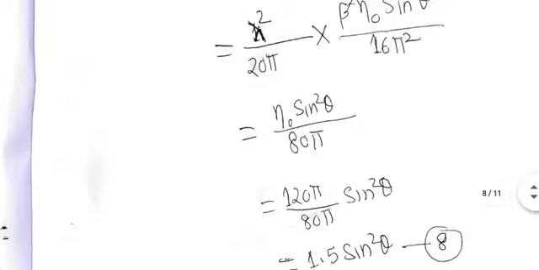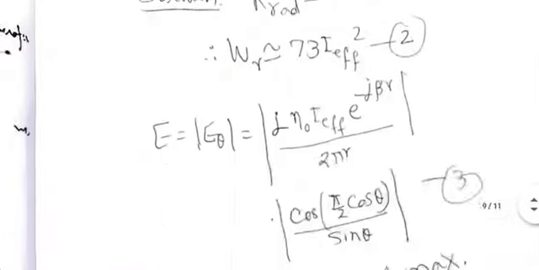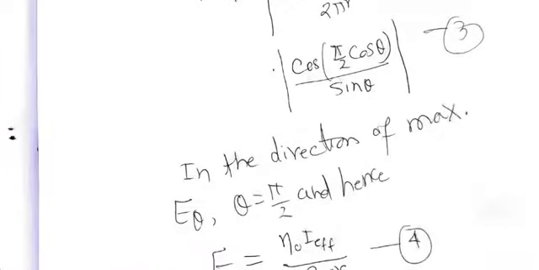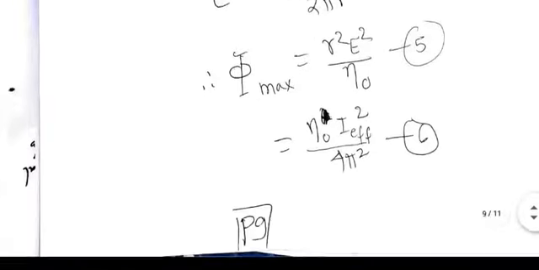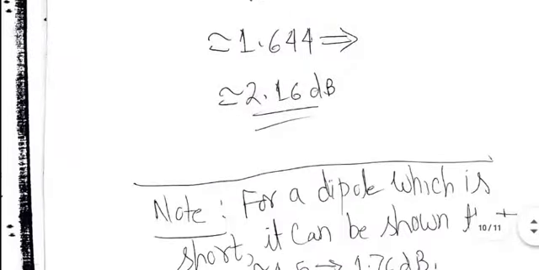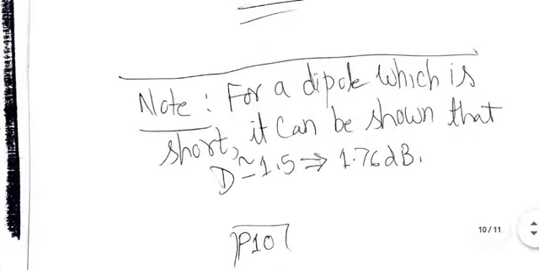That of a Hertzian dipole was 1.76 dB. So by increasing the length, we have got slightly better directivity. Directivity means ability of the antenna to concentrate the beam in a given direction. For a short dipole also, you'll see that the result is same as that for a Hertzian dipole.